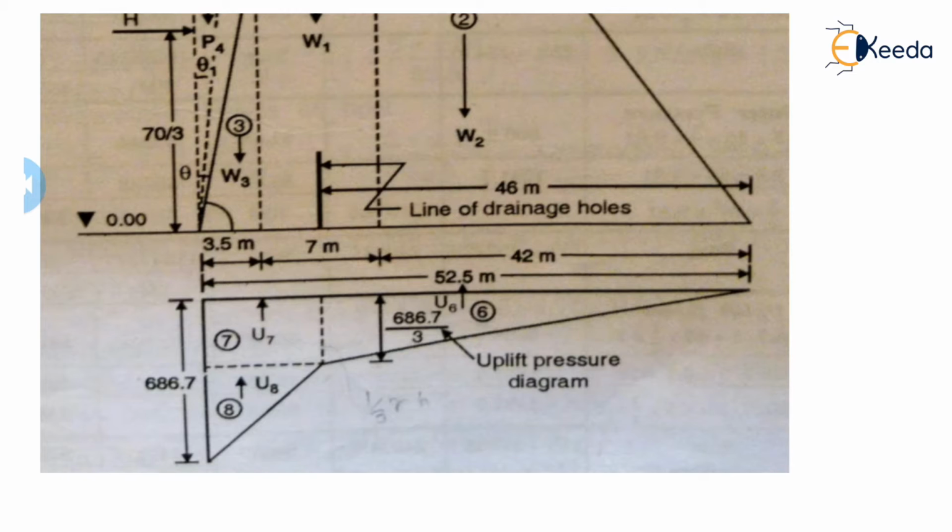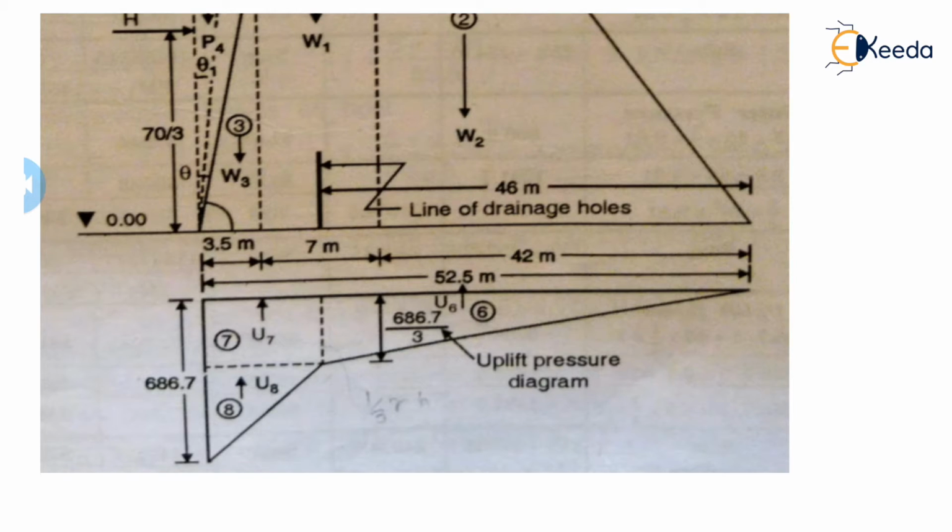Here we have already considered the gamma, the unit weight of water, because the intensity arises from the unit weight of water. So while calculating, we need not take the unit weight of water once again. The value is already calculated on the basis of the unit weight of water.